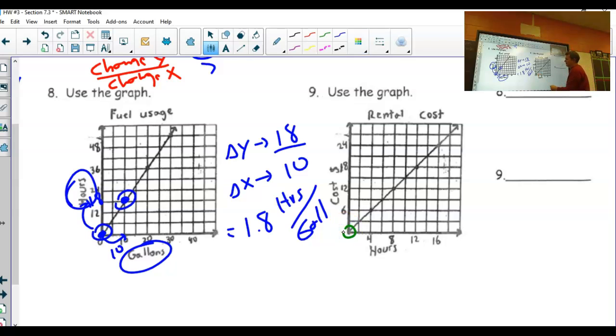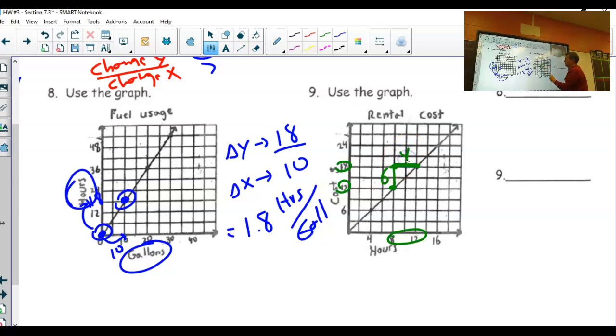And finally over here, again, I have 0, 0, and I have a nice point here, 4, 6. So it looks like y goes up 6 when x goes up 4. Or a better way to look at that, actually, is a slope triangle. Let's make a slope triangle. The rise is going up 6, while the x value is going across from 8 to 12.